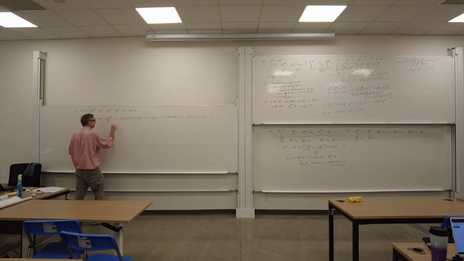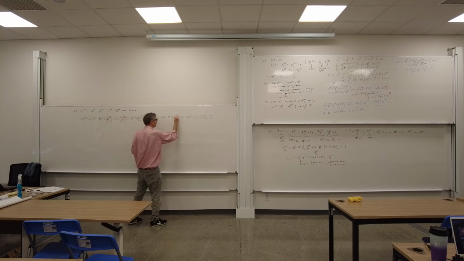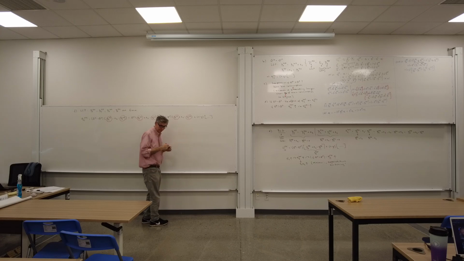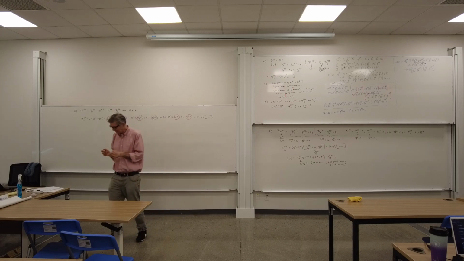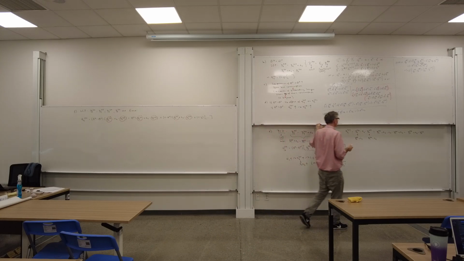Now, importantly, this is fixed, that is fixed. This is fixed, that is fixed. This is fixed, that is fixed. Right? There are 4 prices being fixed.